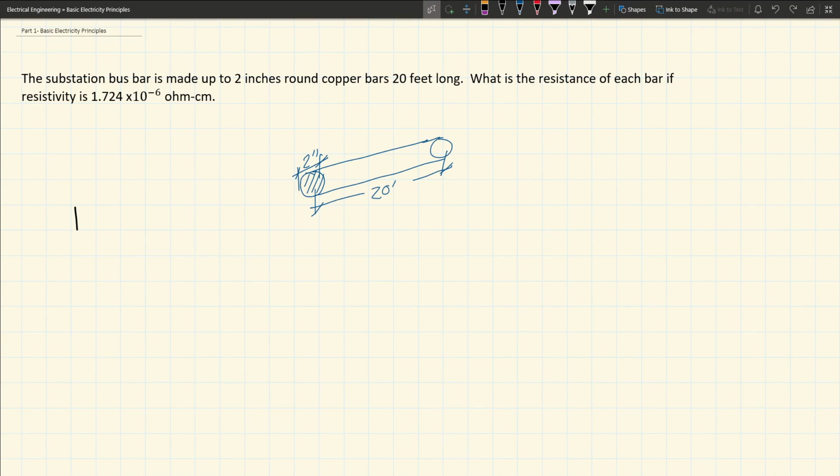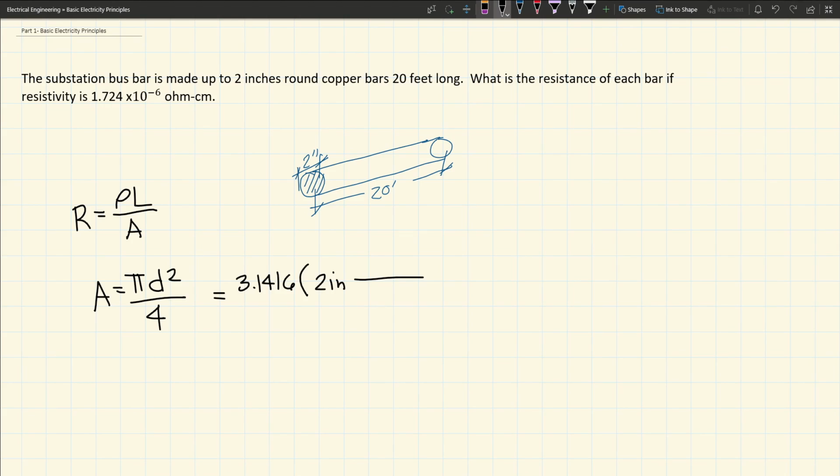Now we use the formula R = resistivity times the length all over the area. Next, we find the cross-sectional area of the bus bar. So area of a circle is equal to pi d squared all over 4. Now let's substitute. So pi is equivalent to 3.1416. Then for the d, the diameter is 2 inches.